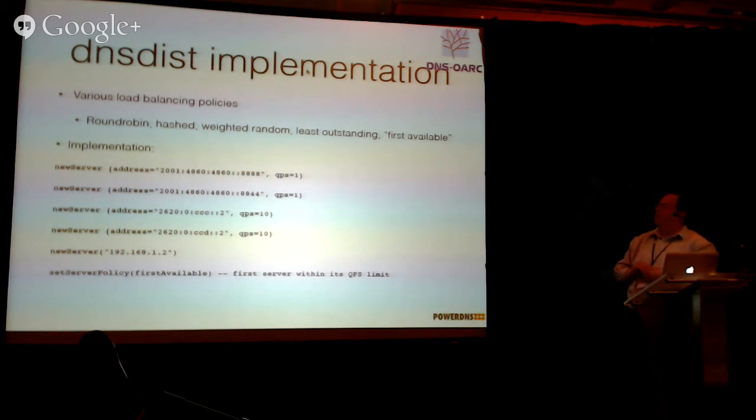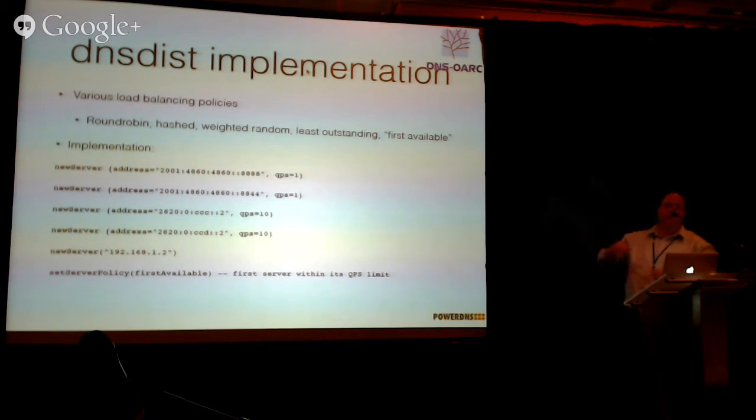But this is a configuration that's actually rather interesting. It sends 1 query per second to Google Public DNS over IPv6. It sends 1 further query per second to the other address of Google. It sends 10 queries per second to OpenDNS over IPv6 and another 20 queries per second to the other IPv6 address. And everything that does not fit in those QPS limits goes to the last server.